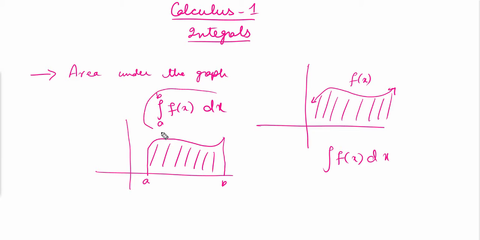This expression will give us the area under the graph from A to B. This type of integral is called the definite integral, and the other type is called the indefinite integral. So the bottom line is, if we have to find out the area under the graph, we can take its integral.